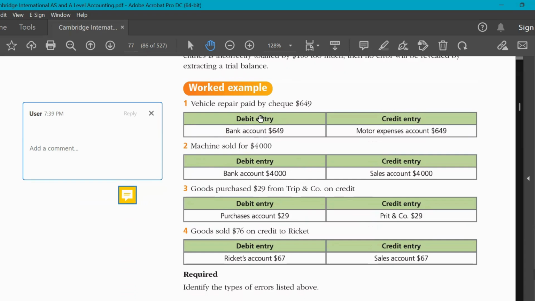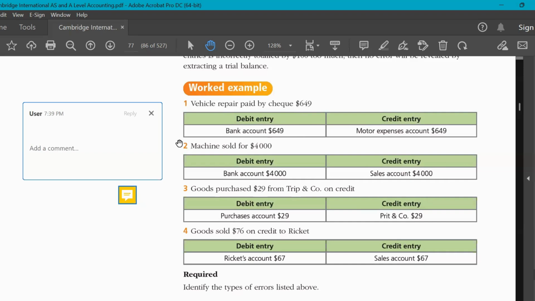Okay, the vehicle repair paid by check of 649. So this is the entry, right? The entry shown is the debit entry in the bank account 649, and the credit is motor expense account 649.